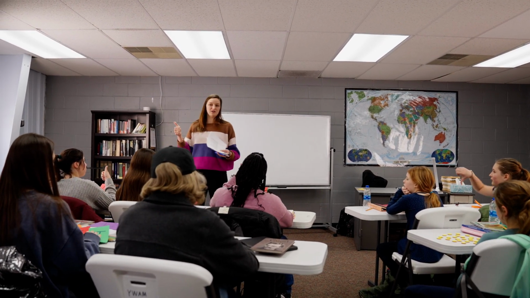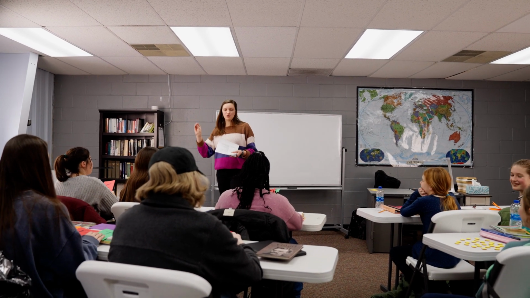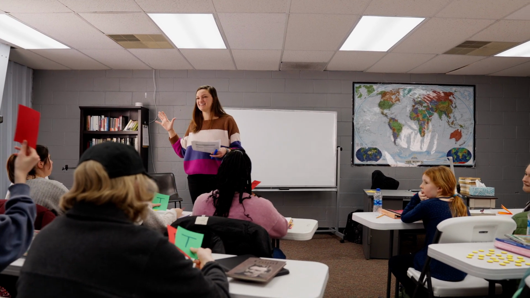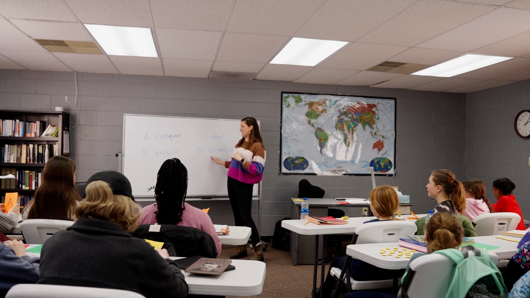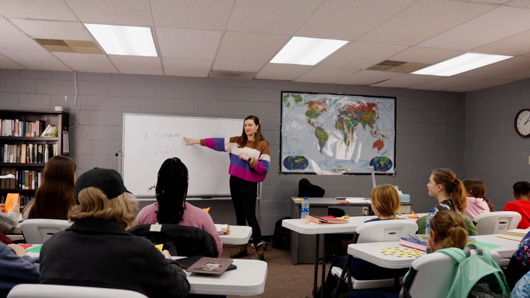All right, you have your true-false cards, right? Give me a thumbs up if you have those ready. Awesome. All right, true or false? The capital of Kentucky is Lexington. Yes. Great job. For this question, these are your 4 answers that you can choose from. A, conquer.